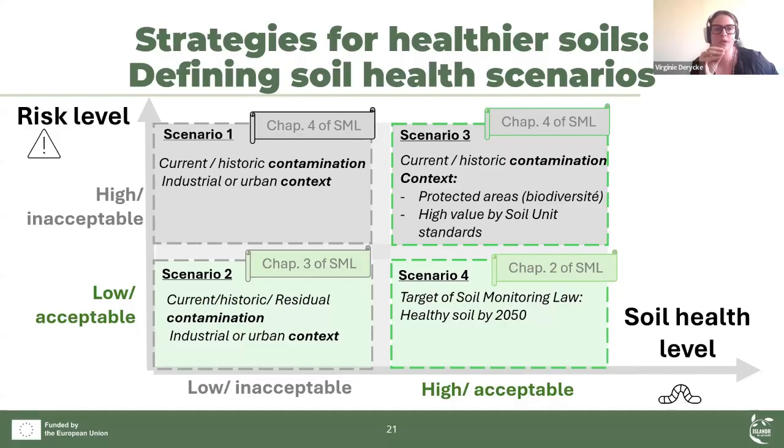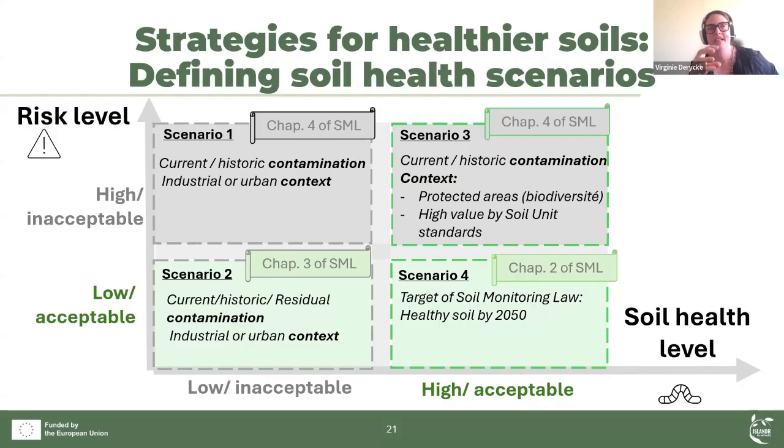So this context would help, we think, contaminated land management to see if they need to be careful of any soil health level or even biodiversity level that they need to compromise with soil health. And I took the liberty to put the chapters of the soil monitoring law, in which you have the main emphasis, to show the drivers of when you manage soil in this context.